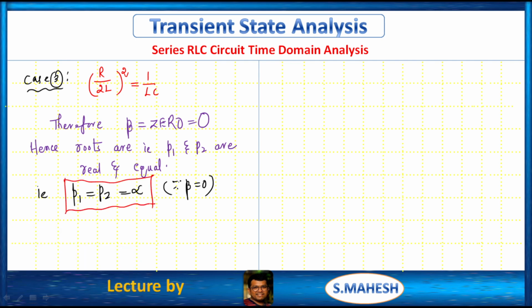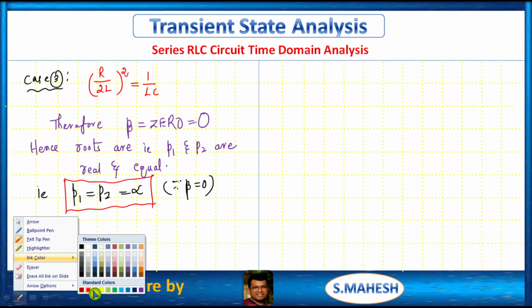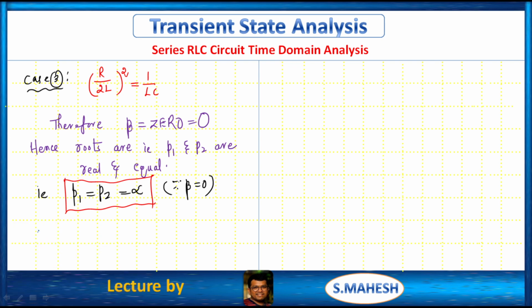This is a very, very important observation. From this, what is the response? I is equal to simple K1 into e power alpha t plus K2 into t into e power alpha t. From this, I is equal to e power alpha t into K1 plus K2 t.